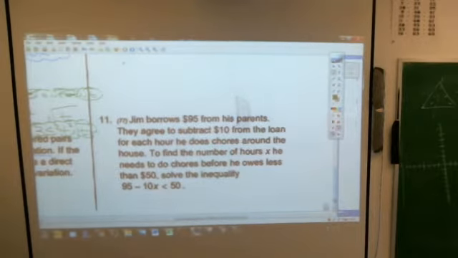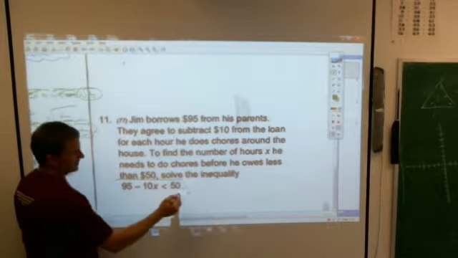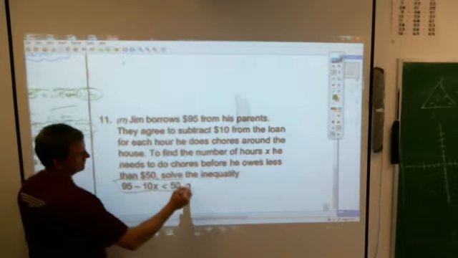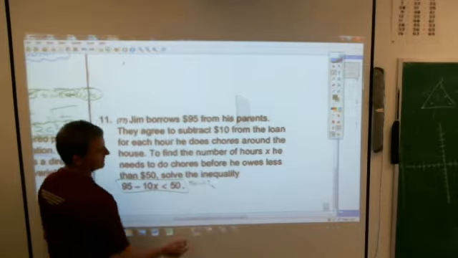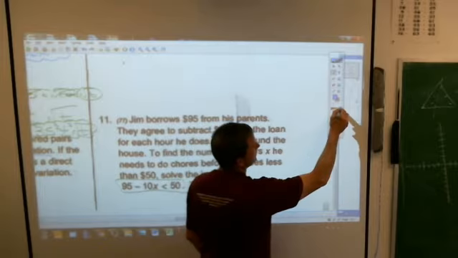Jim borrows 95 from his parents. They agree to subtract 10% from the loan for each hour he does chores around the house. Find the number of hours he needs to do the chores before he owes less than $50. Solve the inequality. Okay. Ladies and gentlemen, pretty much everything up till the end is worthless. They gave you everything you need to know. You just need to solve this. They didn't say write the inequality, they gave you the inequality, you can solve the inequality.